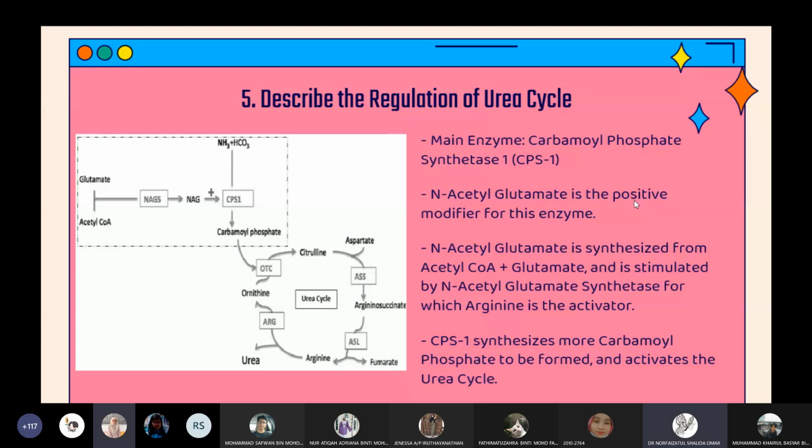It can. So where is it connected? Fumarate. Fumarate will be used to form malate in the Krebs cycle.